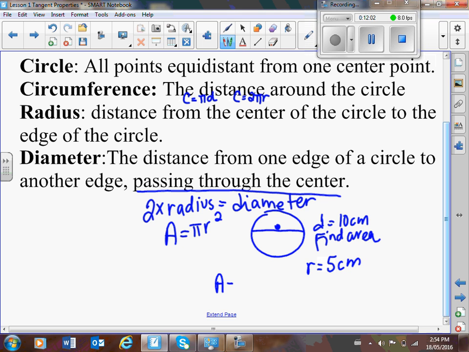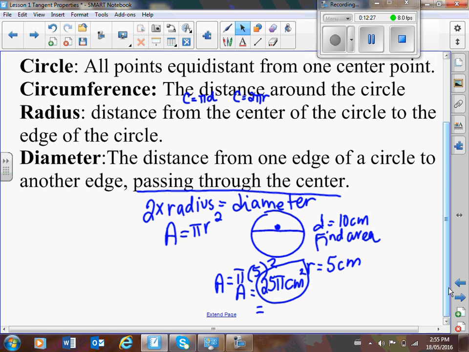Area equals pi times 5 squared. Area equals 25 times pi centimeters squared. We can leave the answer just like that, or we can grab our calculators. It'll be somewhere over 70, at least 75 centimeters squared: 25 times 3.14.